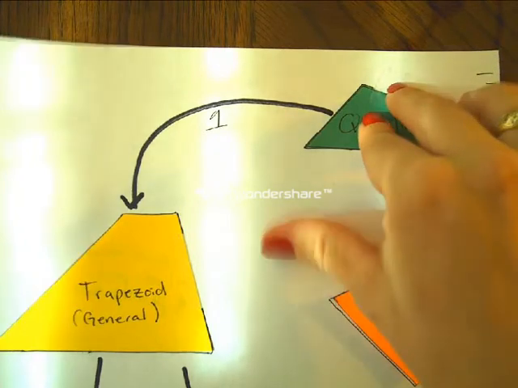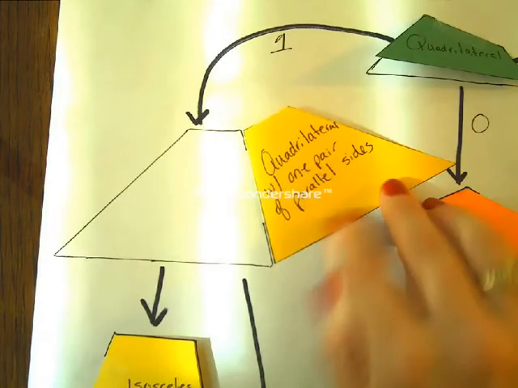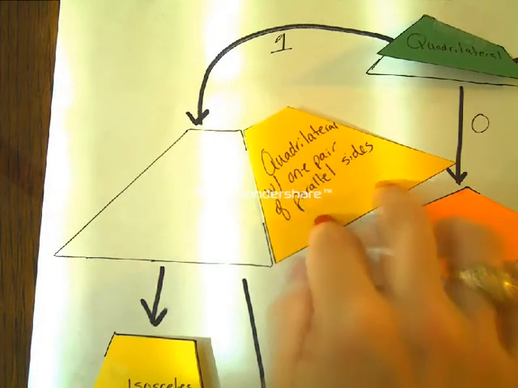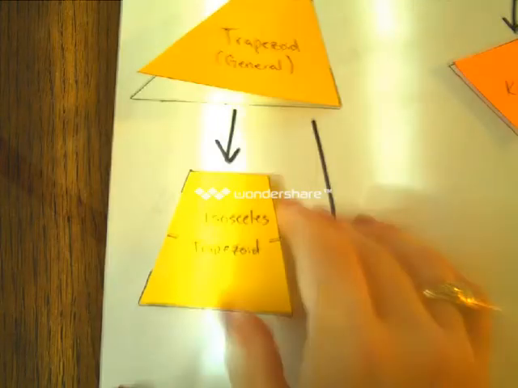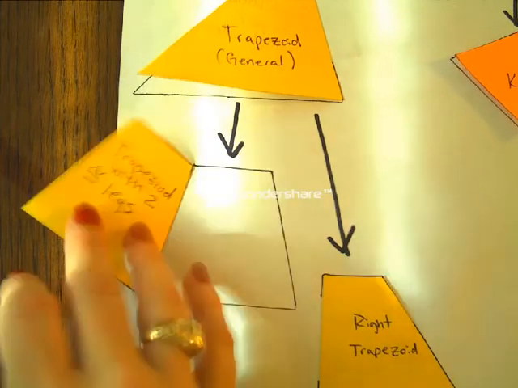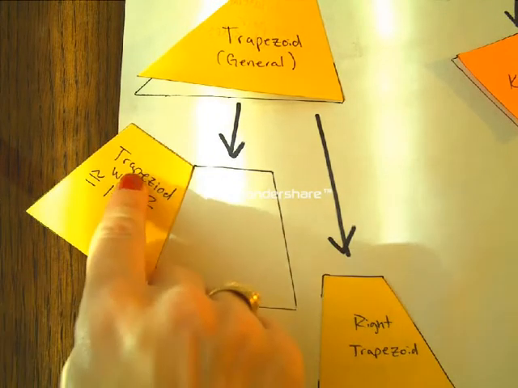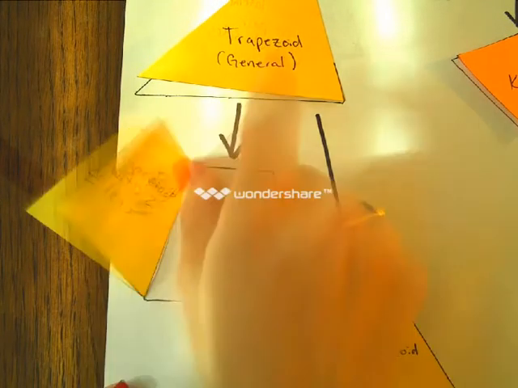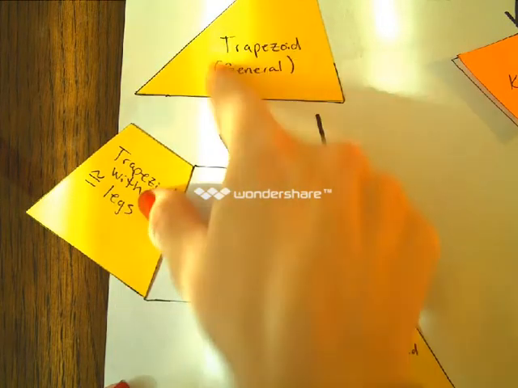Okay, so that's the quadrilateral. Then you have the trapezoid. The trapezoid is a quadrilateral with 1 pair of parallel sides. Then you have the isosceles trapezoid. It's a trapezoid with 2 congruent legs. Notice this definition starts with this word, so that means that all of the characteristics of this also apply to this.